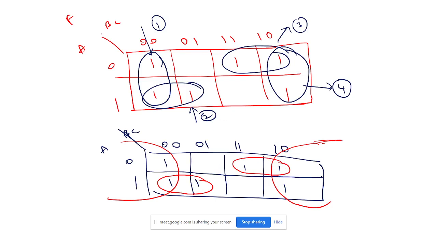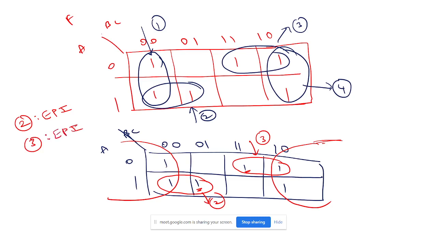Now, 2 has, this is also 2, this is 3. 2 has at least one single one which is not present in anything else. So 2, I can say EPI, essential prime. 3 also has at least a single one which is not present in anything else, so 3 is also an EPI.